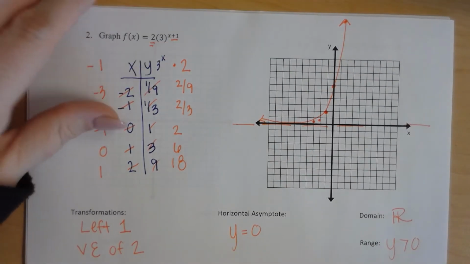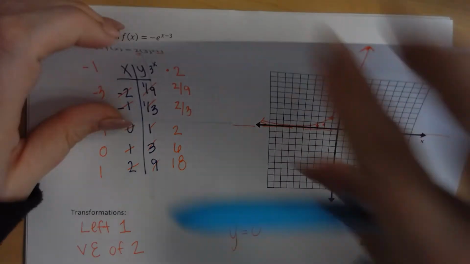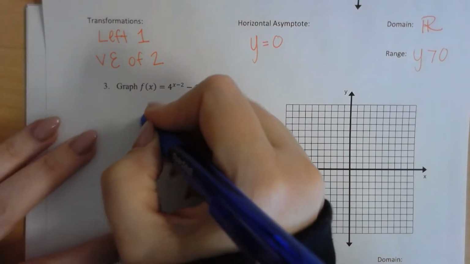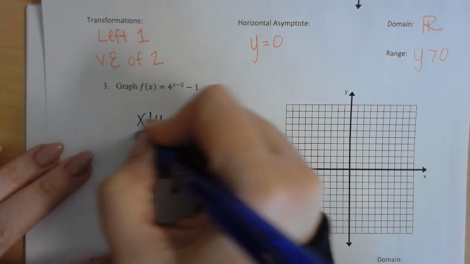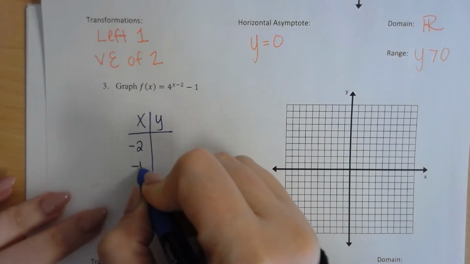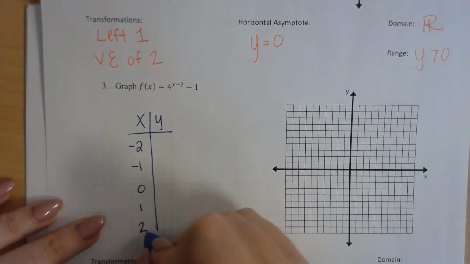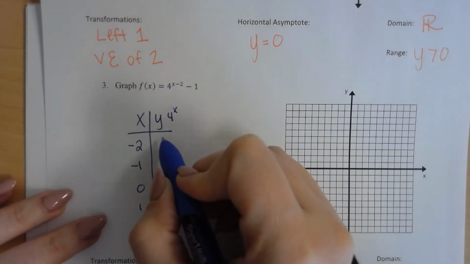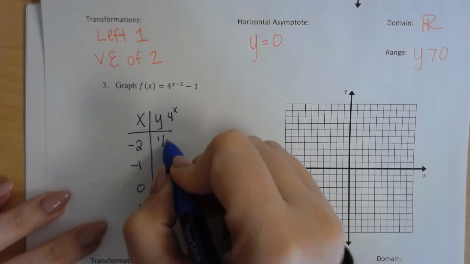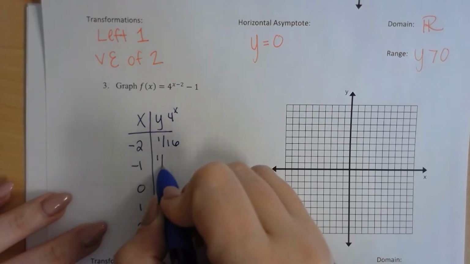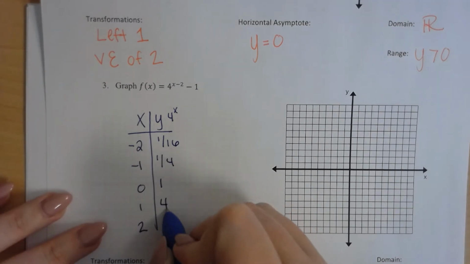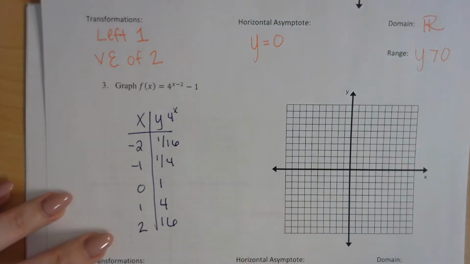Okay, let's look at number 3. So in number 3, we're going to start with our XY chart. This time, our base is 4 to the x. So 4 to the -2nd power would be 1/16, 1/4, 1, 4, and 16.